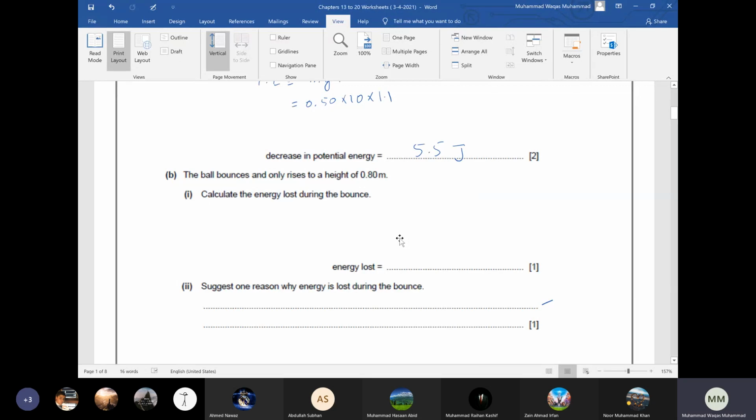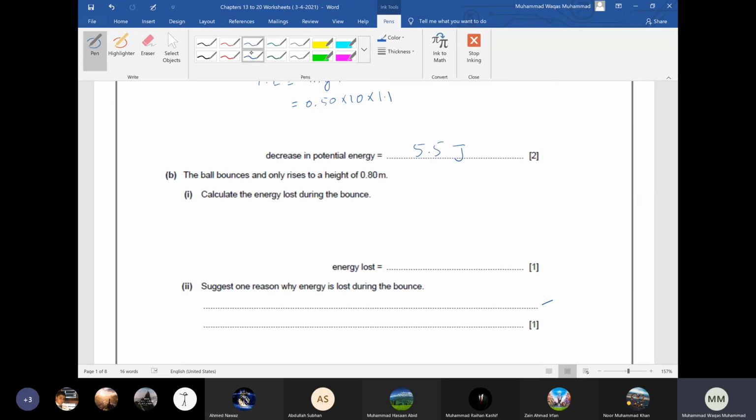Now, beta, the ball bounces and only rises to a height of 0.80 meter. Calculate the energy lost during the bounce. If the ball rises to 0.80 meter, what will be its potential energy there? It would be 0.50 times 10 times 0.80, right, beta?